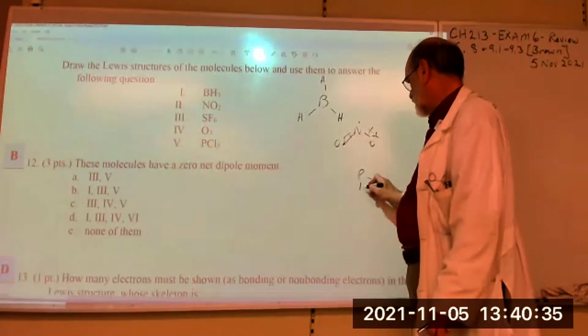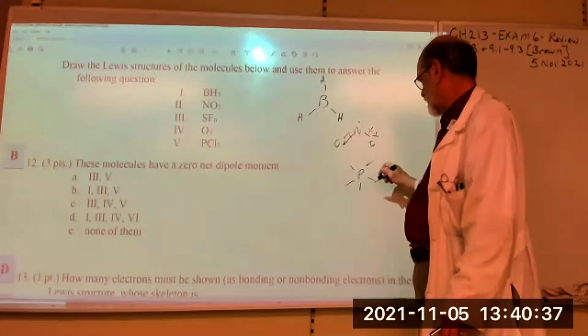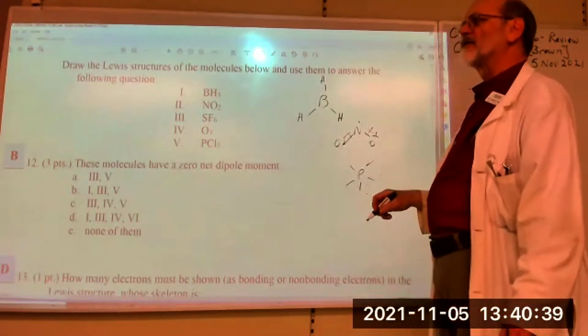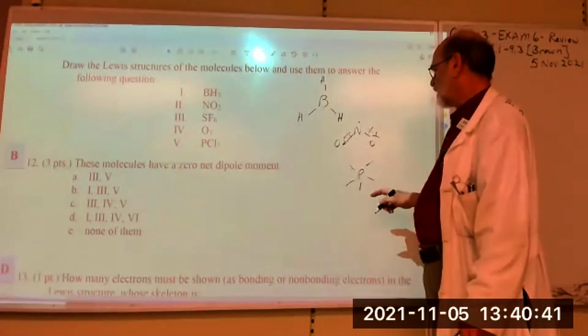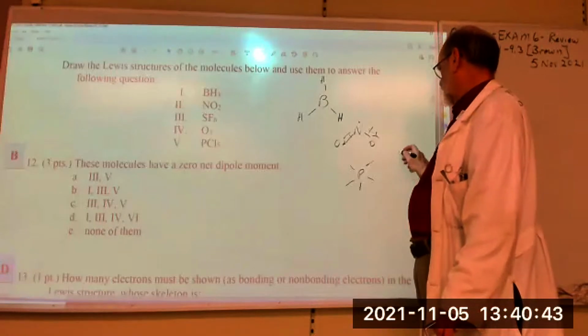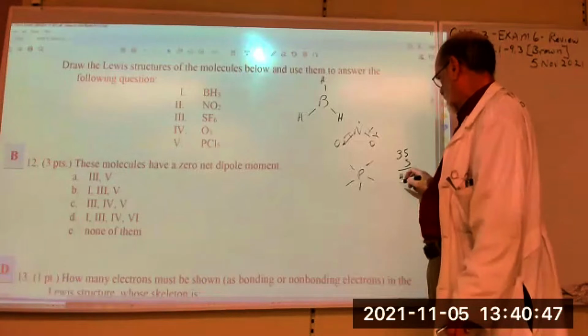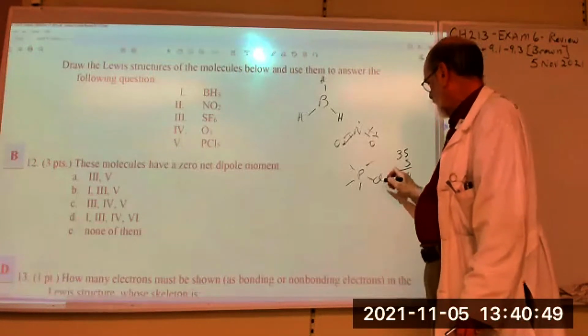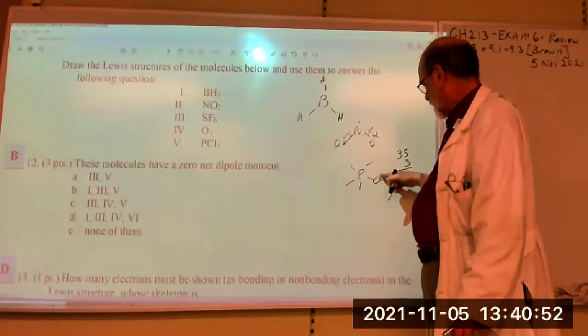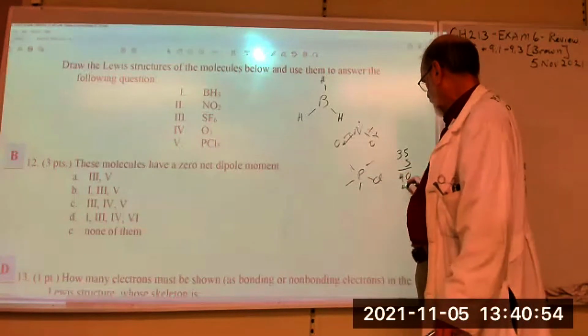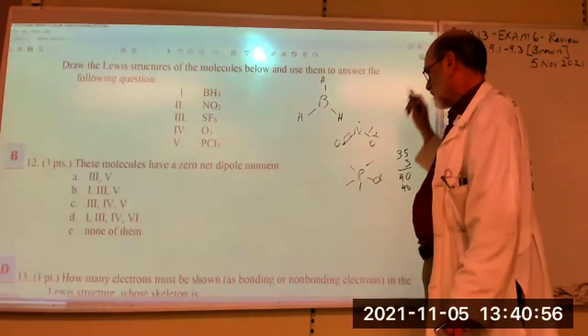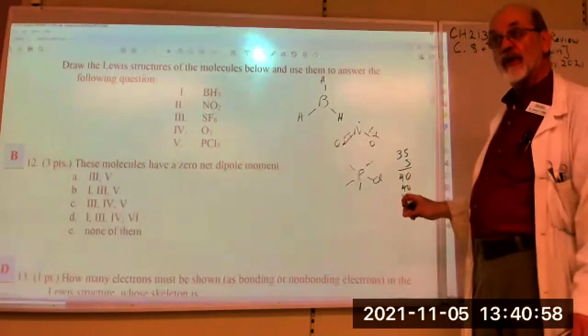Phosphorus is 5 plus chlorine is 35, 7 times 5, so it's 40. So we have 8 around here, that's 40. Right, so there are no lone pairs.